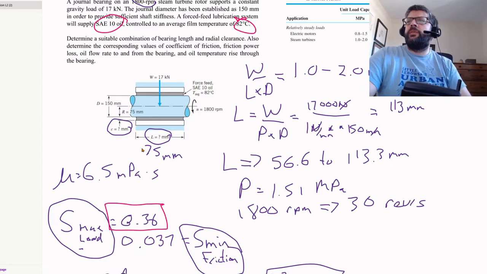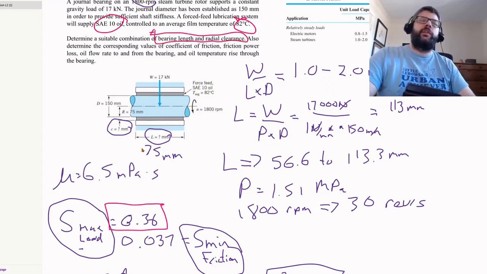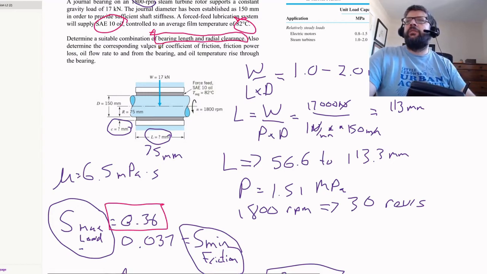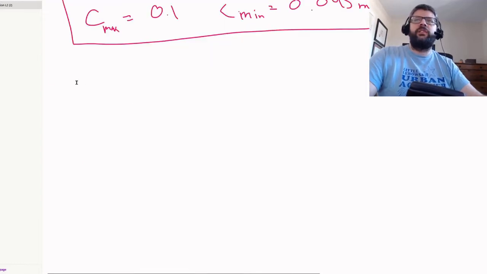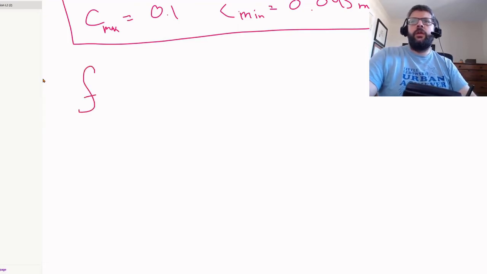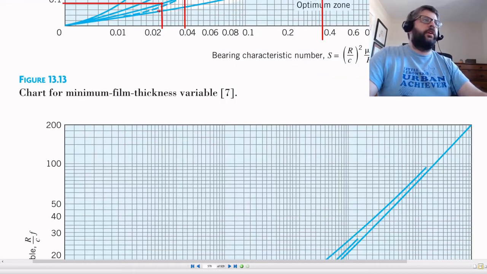So we figured out what would be a suitable combination of bearing length and radial clearance, so a range of radial clearances, really. So let's figure out what the corresponding values of the coefficient of friction are, and then the friction power loss and our oil flow and oil temperature rise. Our coefficient of friction is going to be found on this chart here.